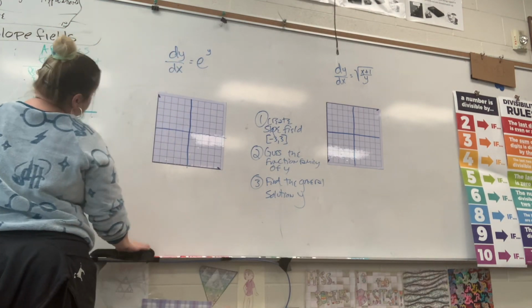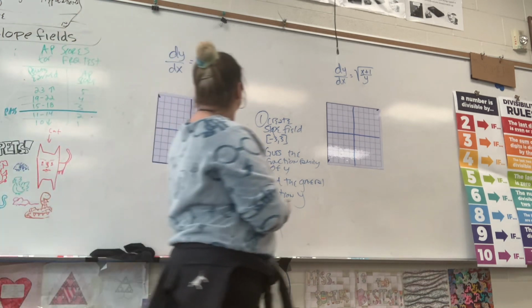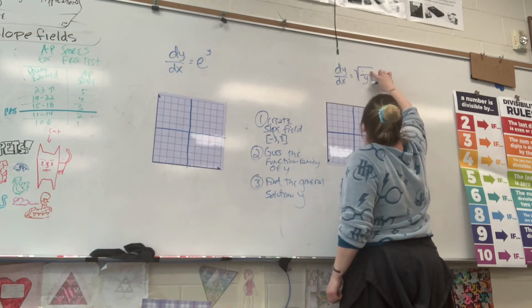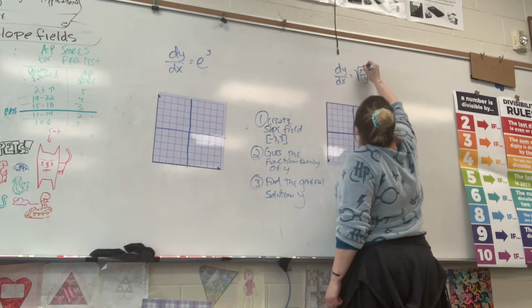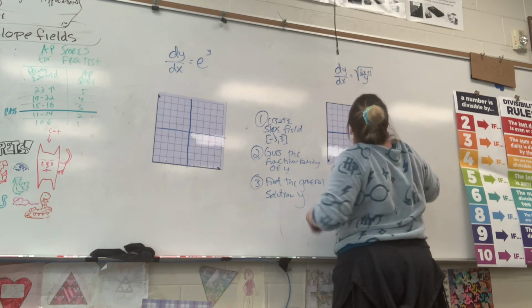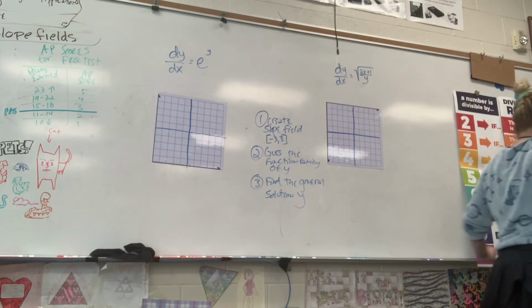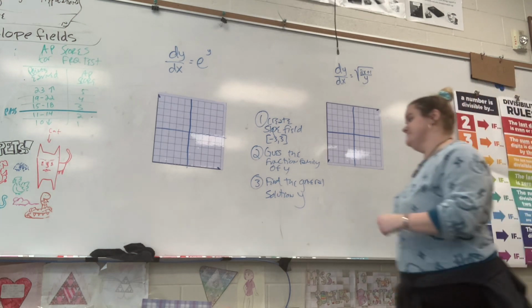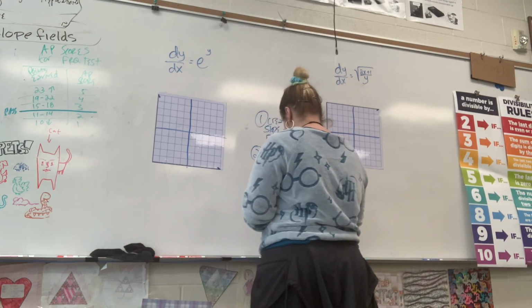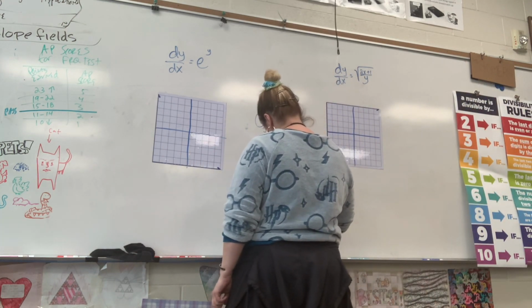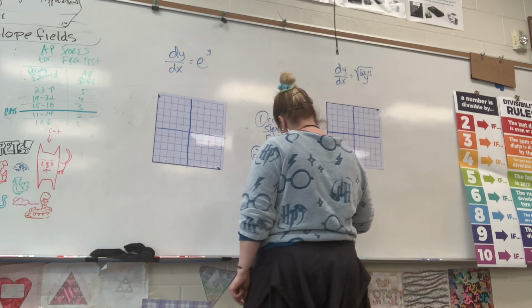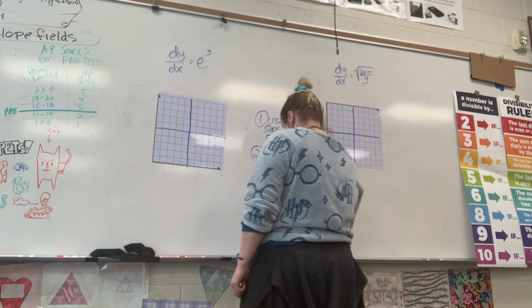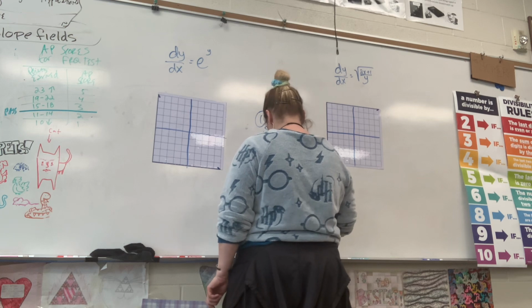Wait, so does the x value not matter in this one? Yes, in this one the x value does not matter, because it's always good. And then y is negative 1. So it's going to be like 1/2. These are all good.